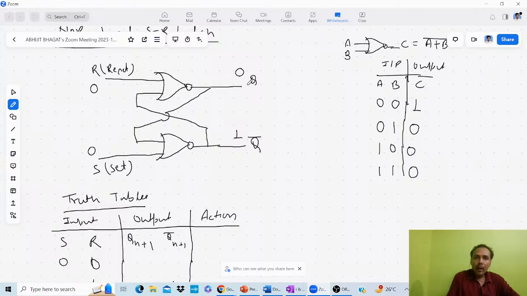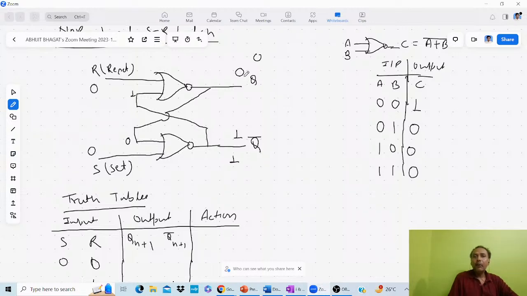Now if Q is 0 means here this is 0. So 0, 0, your output will be 1. And here it is 1. So 0, 1, your output will be 0. So Q Q bar is 0, 1.